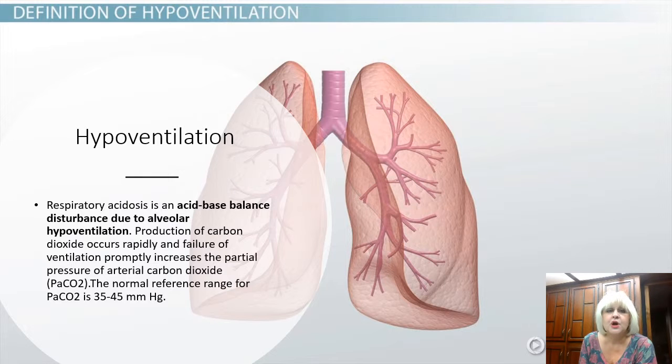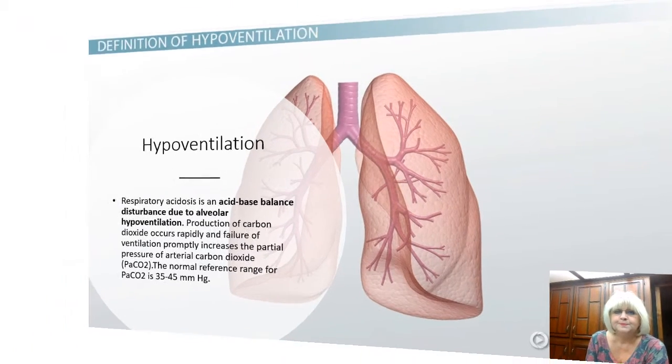The production of carbon dioxide happens rapidly, and the failure of ventilation increases the partial pressure of arterial carbon dioxide. We write this in the symbols PaCO2, and the normal reference range is 35 to 45 millimeters of mercury. Remember, even though we're talking about the lungs, we're talking about what happens in the blood.